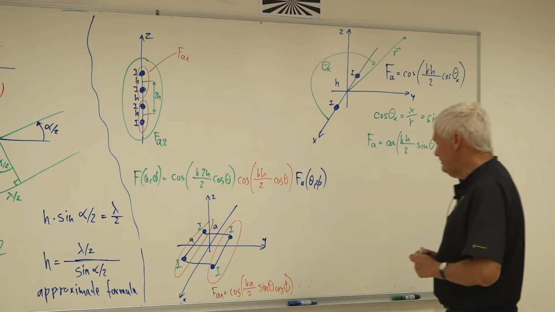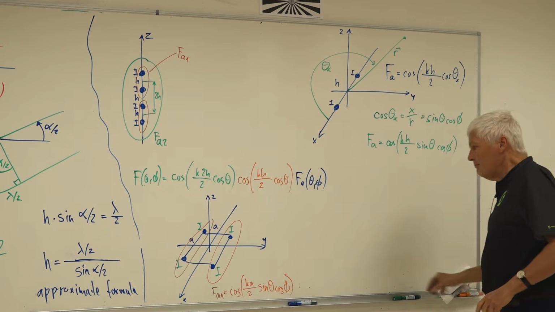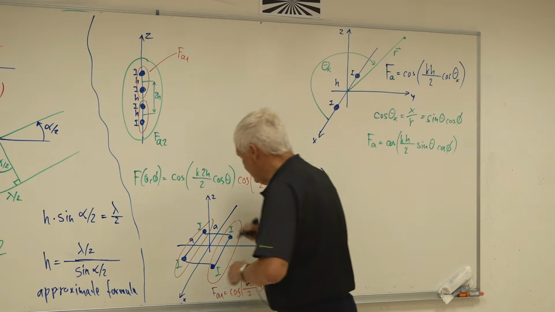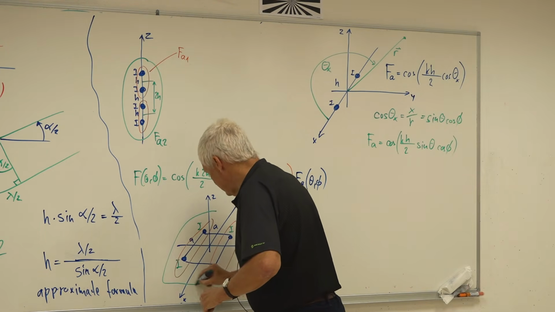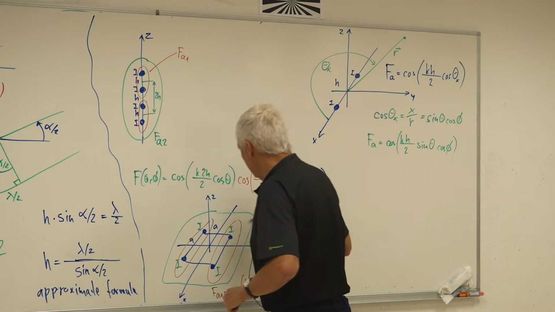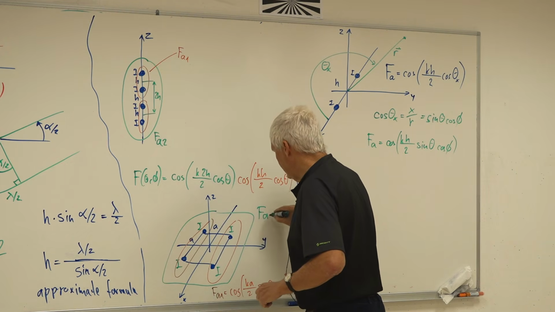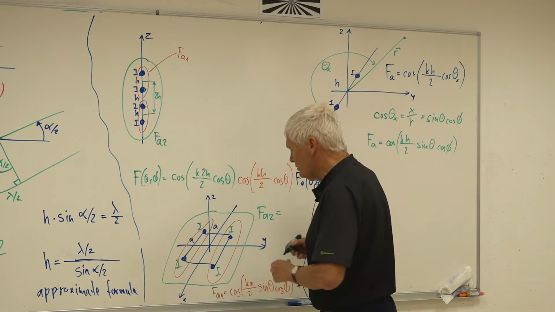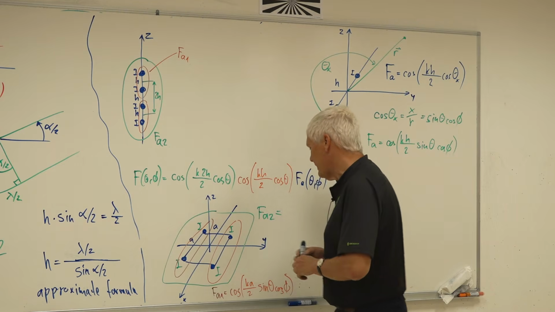But then we have yet another array made of these two arrays, and the other array is this one here. So FA2 now has two elements but spaced on the axis y.